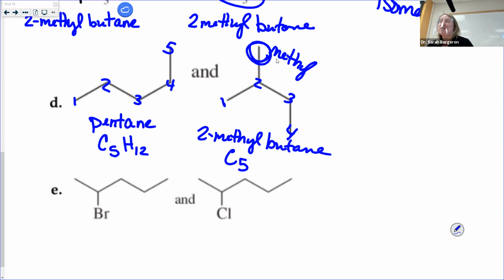How many hydrogens? 3 here. How many here? 1. So that's 4. 3 here. It's the same number. It's just because this one lost a hydrogen and this one gained a hydrogen, right? So it's still H12. So it is a structural isomer.